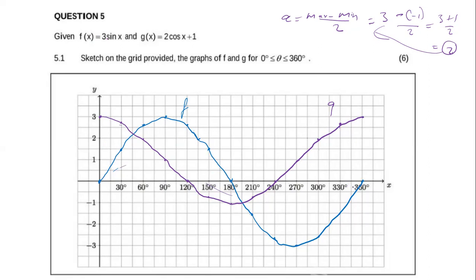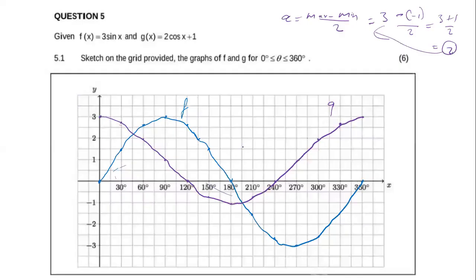This is one wavelength, complete within a period of 360 degrees. This is a half wave, and this is another half wave. That means this is 360, where it ends. So the period of f, the blue graph, is 360 degrees.